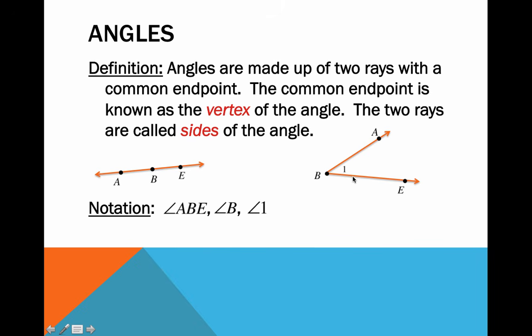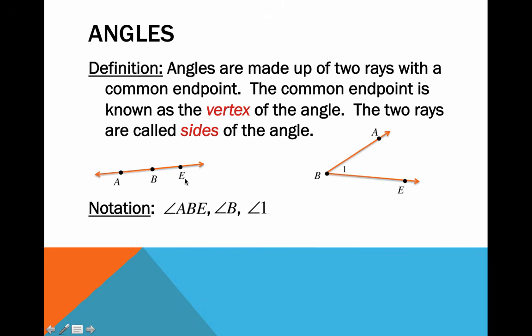Sometimes it may be convenient to put a number on our angle, such as the one to the right. If you write a number, then you may label it as angle 1 or angle 2, depending on how many angles you have in your diagram. Now, not to confuse you, but if you look at the diagram to the left, notice this looks very similar to our line diagram.